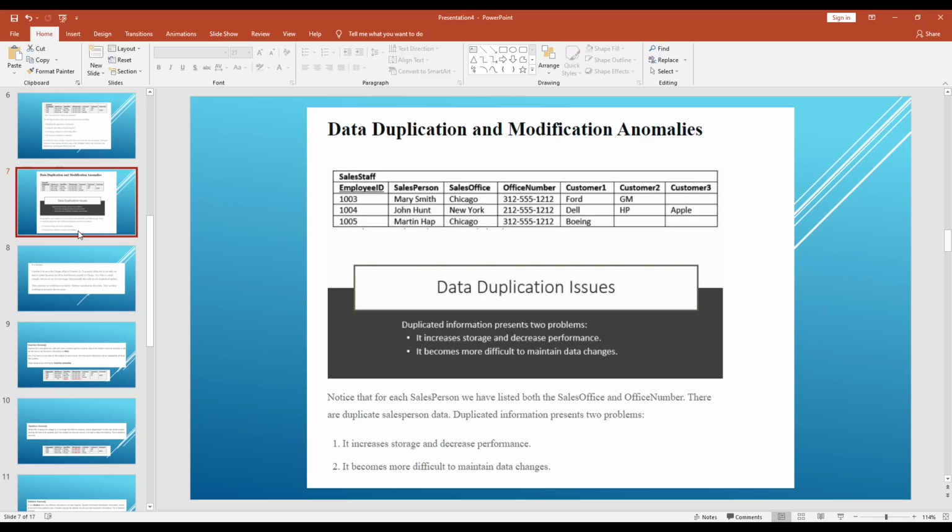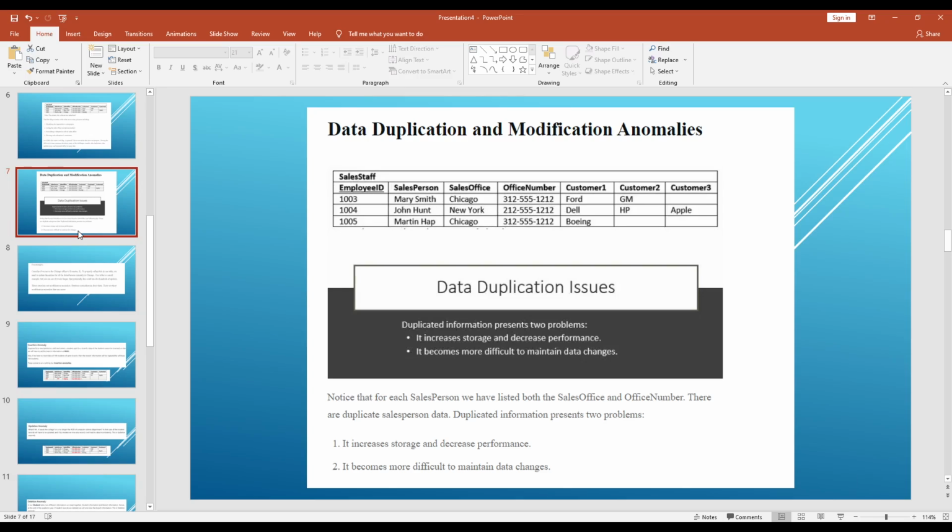Data duplication issues. Duplicated information presents two problems. First, it increases storage and decreases performance. Second, it becomes more difficult to maintain data changes.